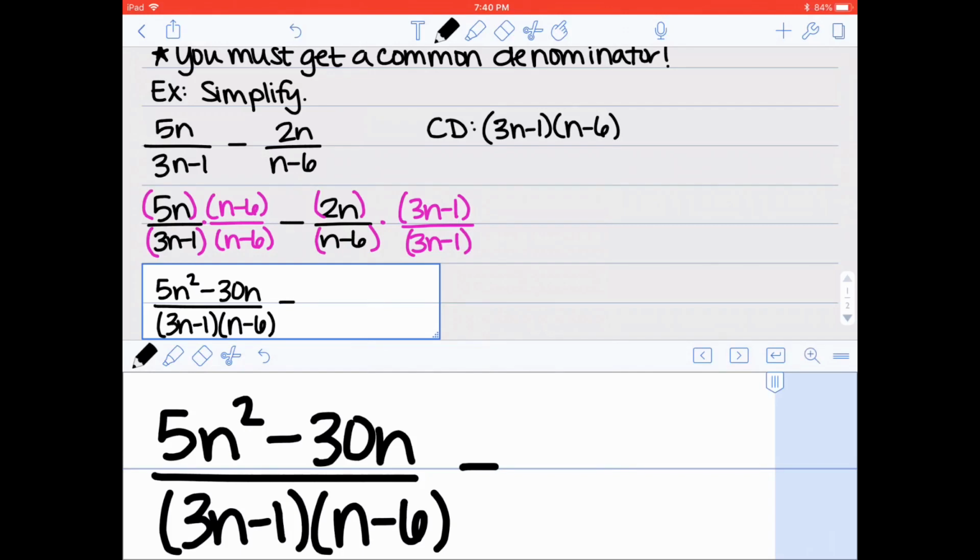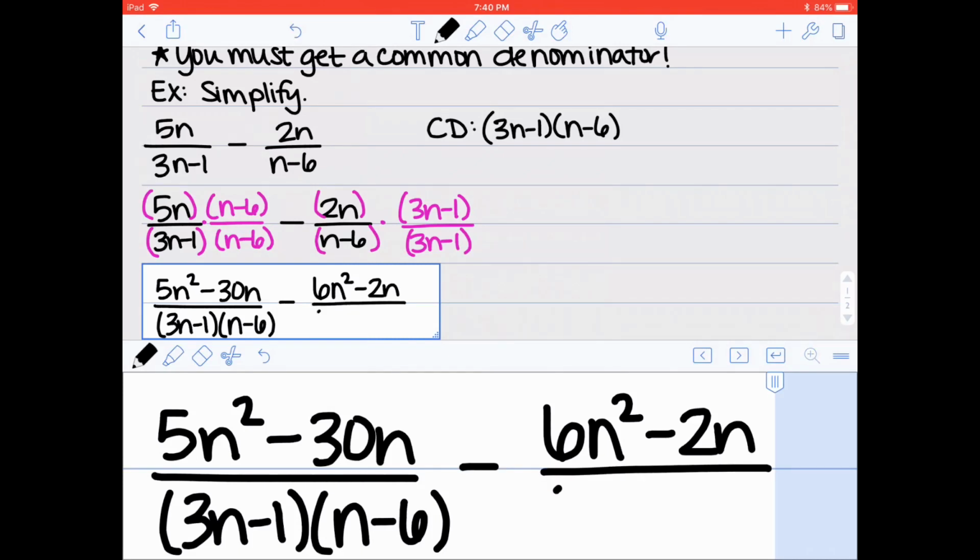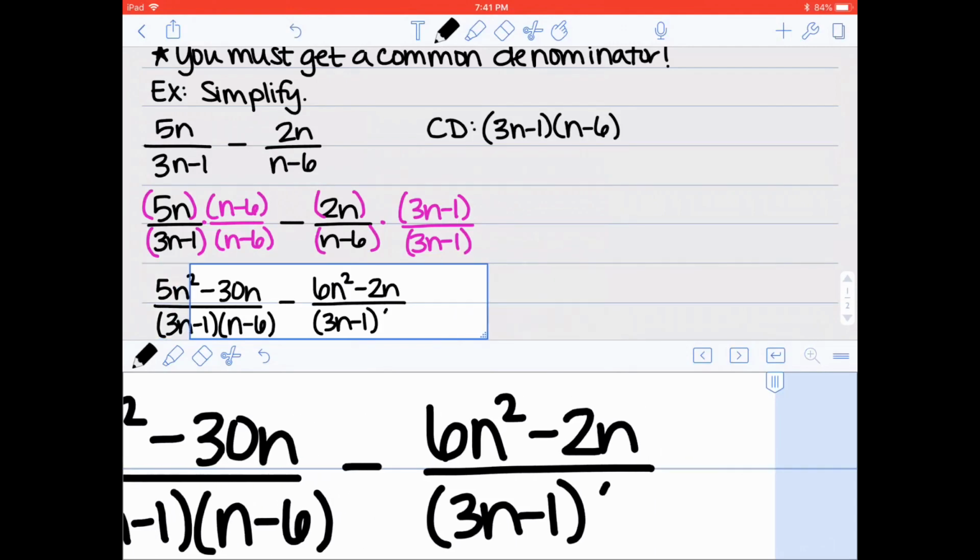For the other fraction, I have 2n being multiplied by 3n minus 1. So 2n times 3n is 6n squared. 2n times negative 1 is negative 2n. And then I also have that over 3n minus 1, n minus 6.